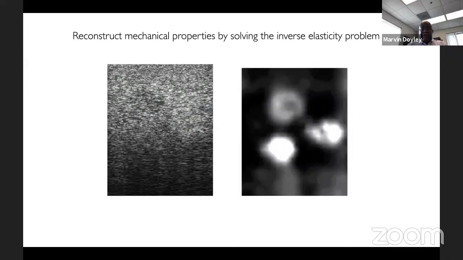This is what it looked like with a very simple least squares problem. You can see that this one is softer than these two, and we clearly don't see an interaction there, but we do see some artifacts in these images.